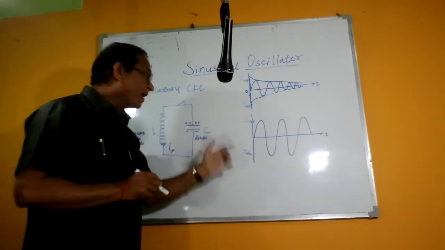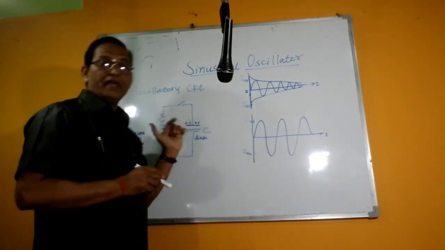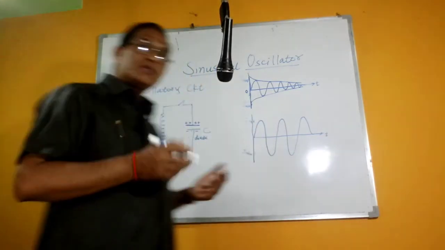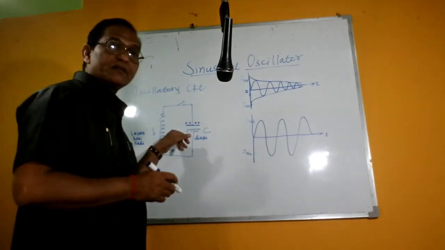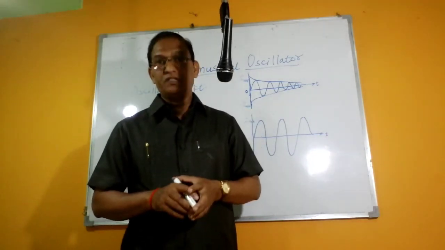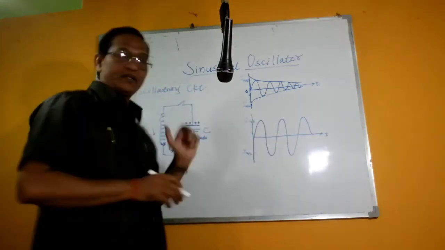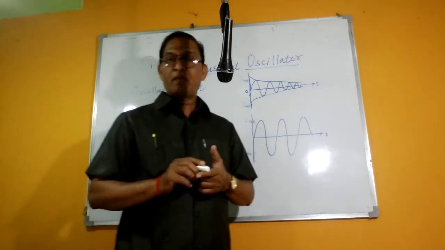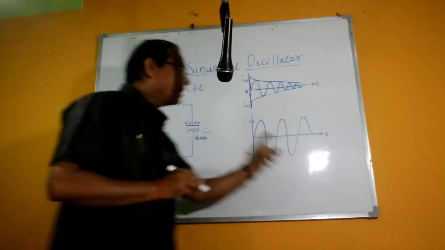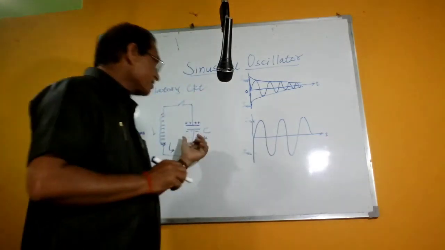If the applied energy is of opposite polarity, it opposes the energy in the tank circuit, which will cause the oscillations to stop.